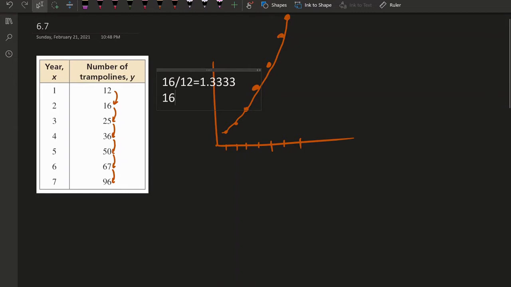So if I do 25 divided by 16, I get 1.565. That's close, but it's not perfect.